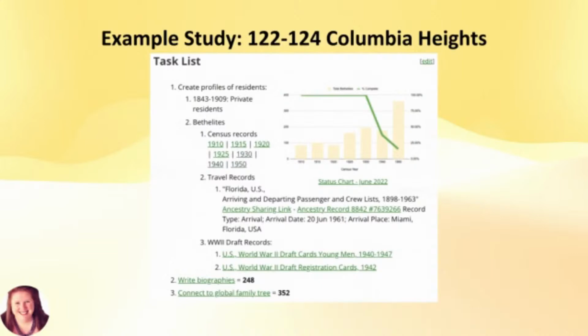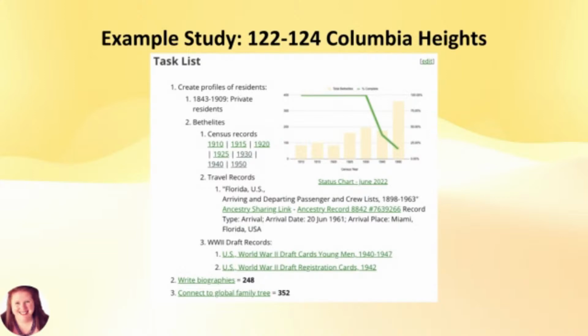And here we've got a task list section set up just to break out different things that need to be done. And you can see I've got a status chart of where I'm at on some of these tasks. And as you can see, I've broken out that there are biographies that need to be written, or ones that need to be connected to the global family tree.